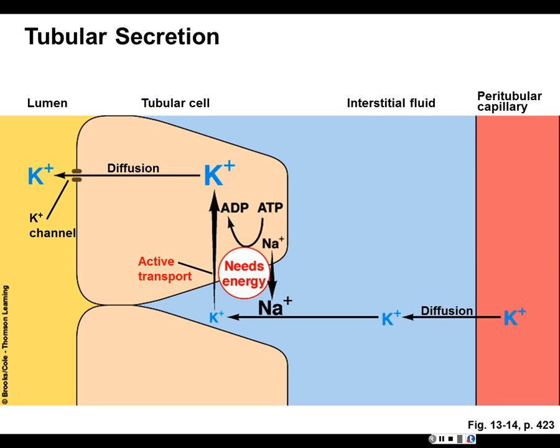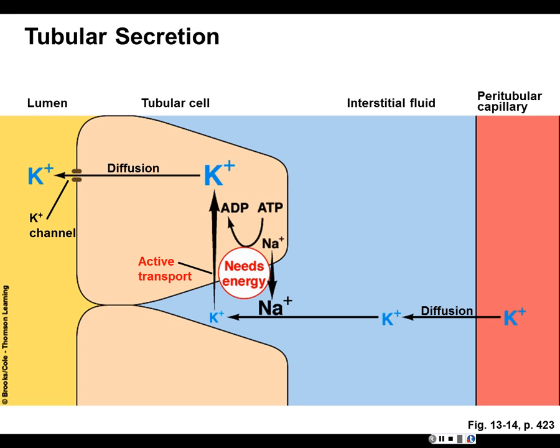This simple image from a previous textbook illustrates the directionality. The yellow indicates the lumen of the tube, beige the tubular cell, blue the interstitial fluid, and red the capillary, the peritubular capillaries. In secretion, particles will diffuse down the gradient. Here we can see the sodium-potassium transporter, but you notice the potassium leaky channel is now facing the lumen of the tube versus the interstitial fluid.